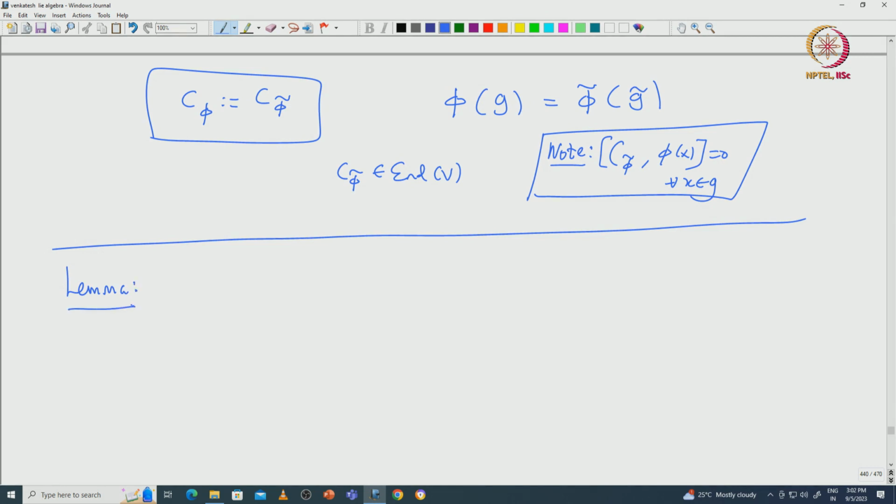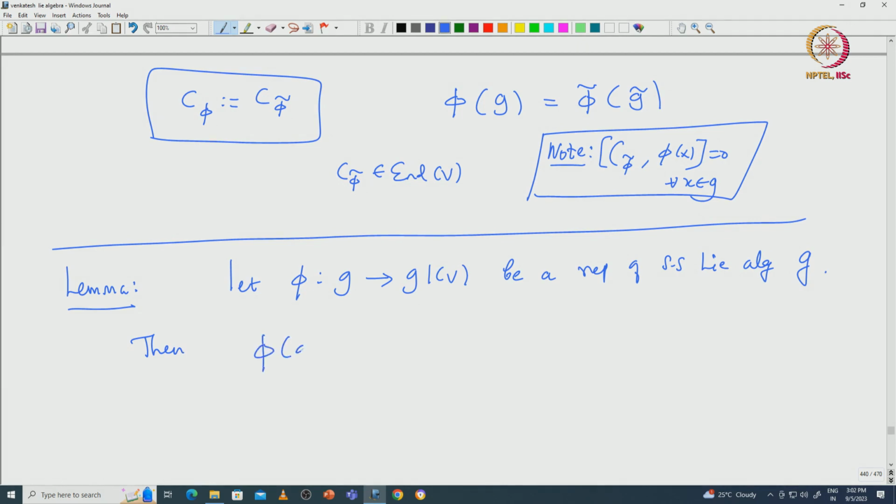If we have a representation of a semisimple Lie algebra, we can say something about the image of G. Let pi be a representation of the semisimple Lie algebra G. Then what one can conclude immediately is that the image of G under pi sits inside SL of V. So, these are all traceless operators on V. In particular, if V is one dimensional, then G must act trivially on this one dimensional representation. Why? Because SL of V is trivial for V one dimensional.